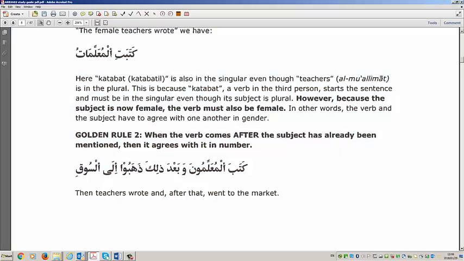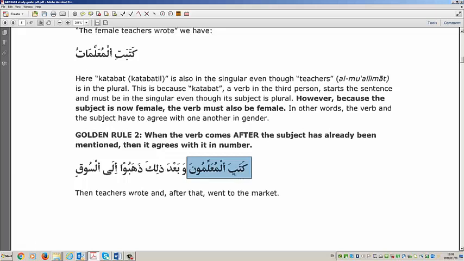Golden rule 2 says that when the verb comes after the subject, that means when the subject has already been mentioned, then the verb becomes plural. For example, let's take this construction here. Katab al-mu'allimun means the teachers wrote.